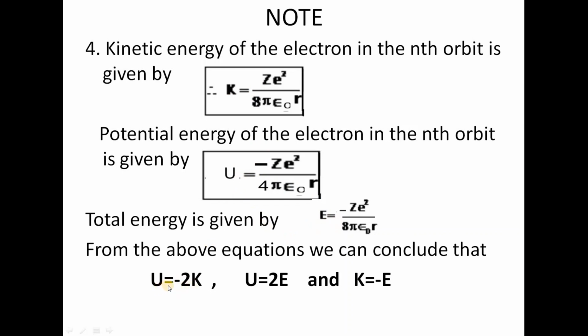That is, potential energy is minus 2 times the kinetic energy. This is the relation between kinetic energy and potential energy. This is the relation between total energy and potential energy, U is equal to 2E, and kinetic energy is the negative of total energy. If you analyze these three equations, you get these three relations.